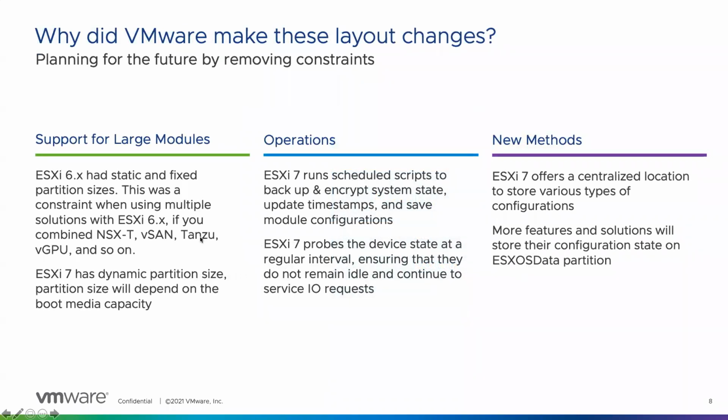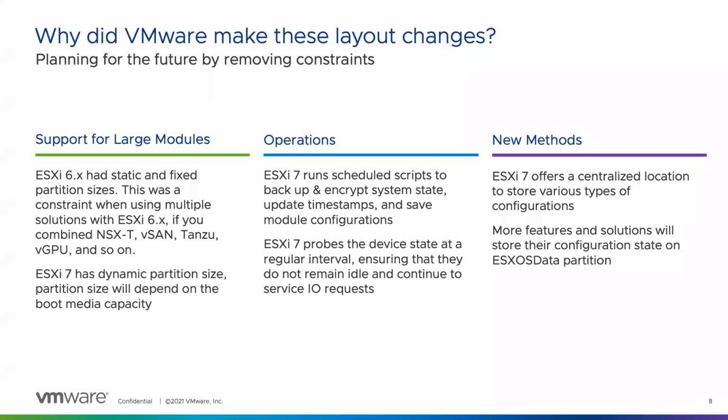So why have we made these changes? Obviously, we want to incorporate the large ecosystem that requires us to integrate their solutions with the ESXi host. As I have explained, ESXi 6.x had static and fixed partition sizes. So when you start installing solutions like NSX-T and vSAN on 6.x, you have very limited space, and then you get into an issue related either to capacity or to performance.